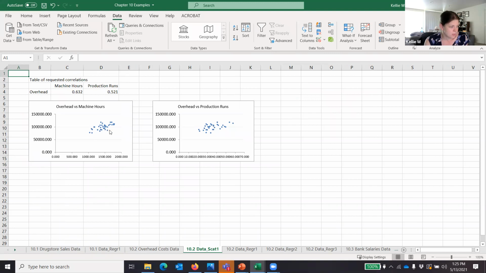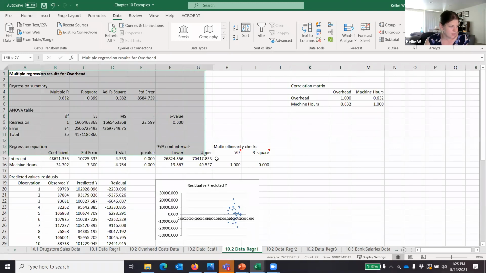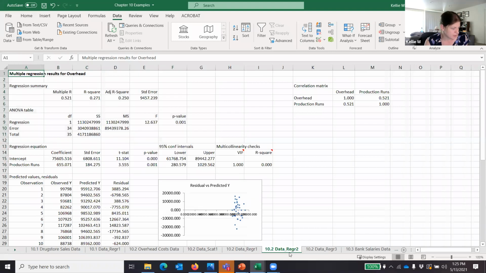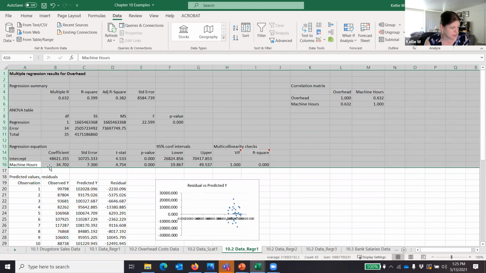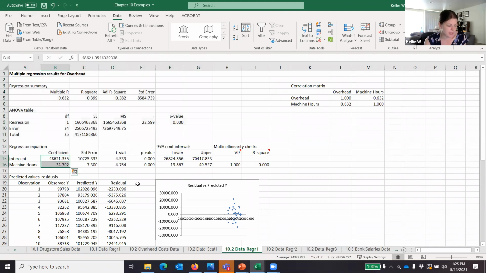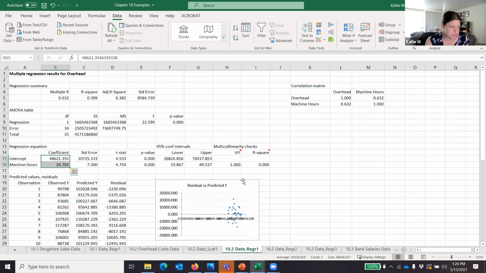So when they run, oh, you know what, they didn't give me, yeah, okay. This is the results for machine hours. This is where they got the intercept and slope for the first equation, and then for production runs, this is where they got the slope for that equation. And if you look, both of these are pretty good. The residuals look good.